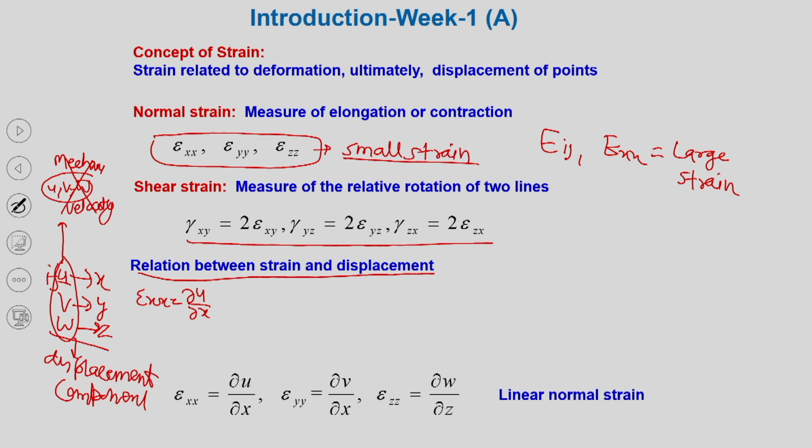If u is the displacement along x axis, then we can write epsilon xx is nothing but del u by del x, epsilon yy is nothing but del v by del y, and epsilon zz is del w by del z. So, this is called linear normal strain. In index notation, we can write epsilon ij equal to half of u i comma j plus u j comma i.